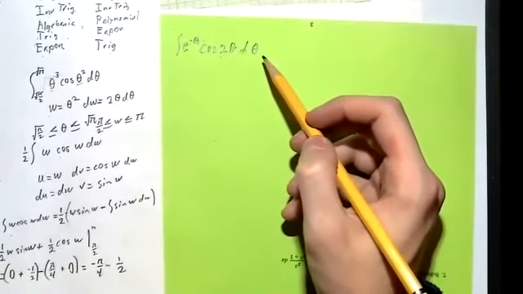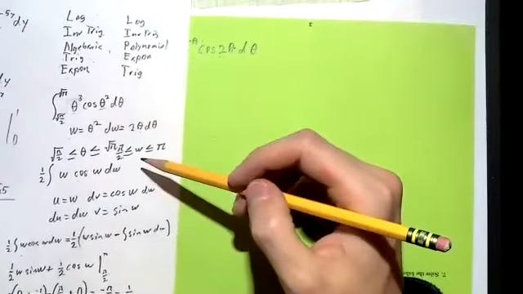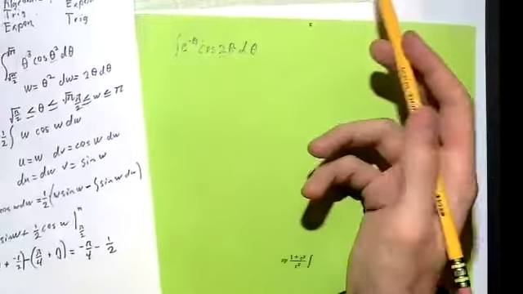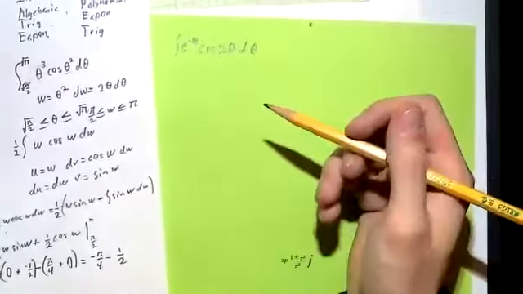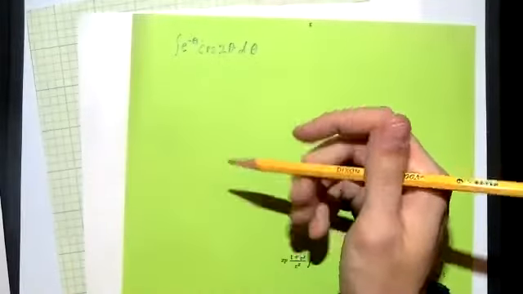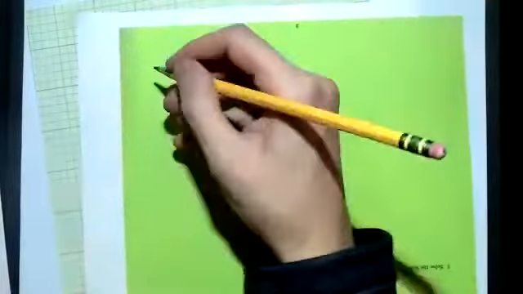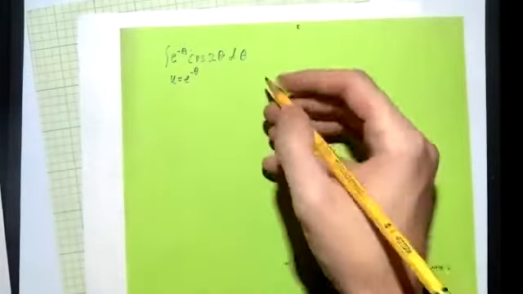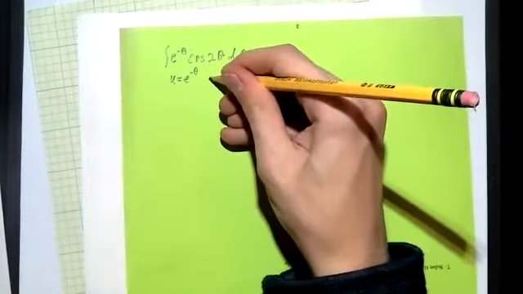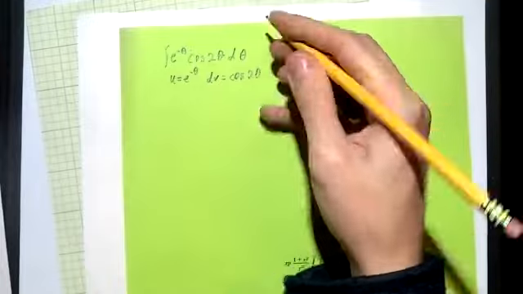If you want to keep multiplying by 2, you make your trig your u, because then you take the derivative and chain rule continually multiplies it. If you want to divide by 2, you make it your dv. I prefer seeing the fractions here. That's just how I like it. So I'm going to say that u is equal to e to the negative theta, and then dv is going to be equal to cosine 2 theta.